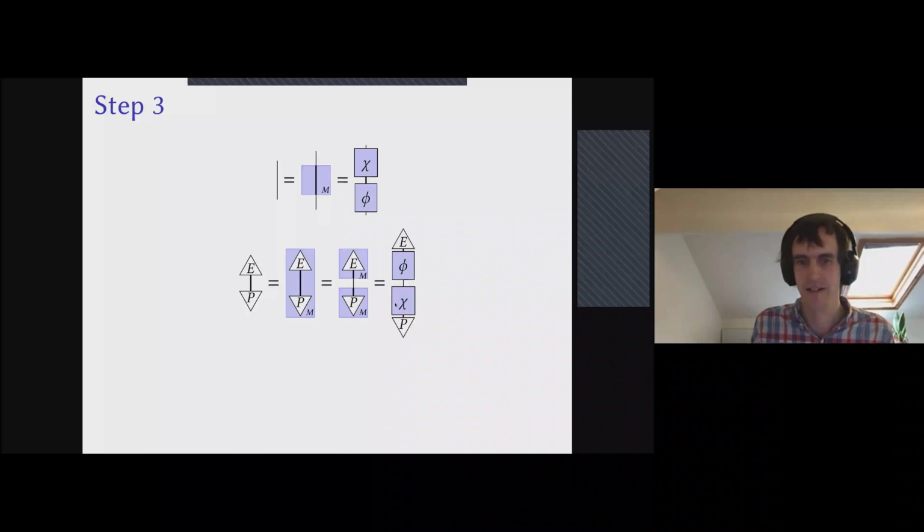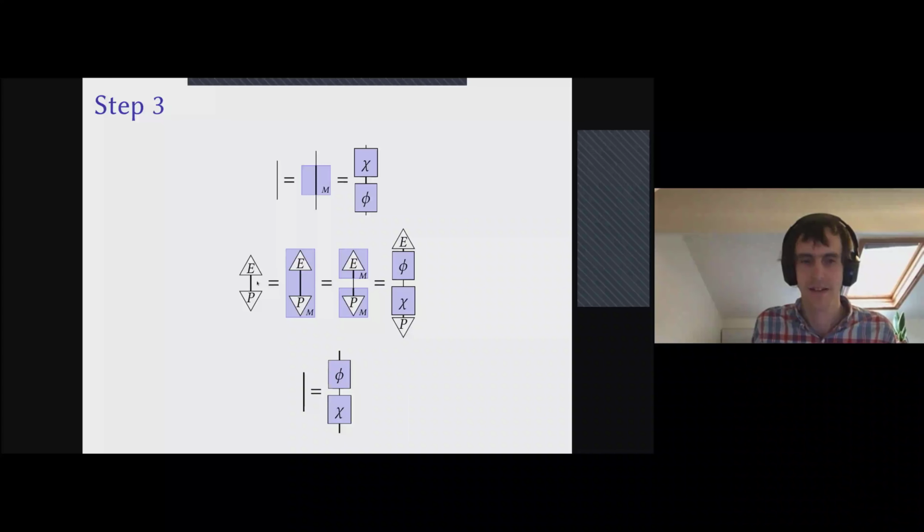But by definition, this first thing is just P followed by chi, and the second thing is just phi followed by E. So we have to have this equation. And this has to hold for all possible preparations and effects, which by local tomography means that this is the identity transformation in here, okay?